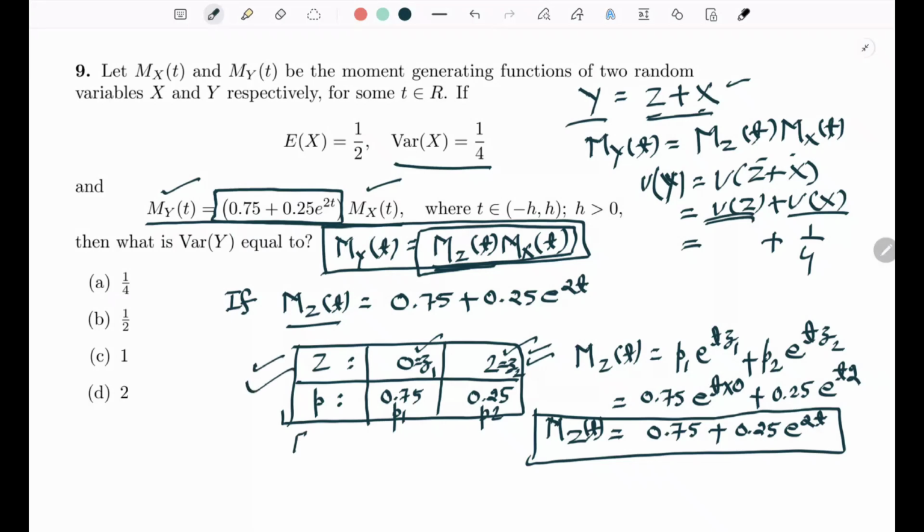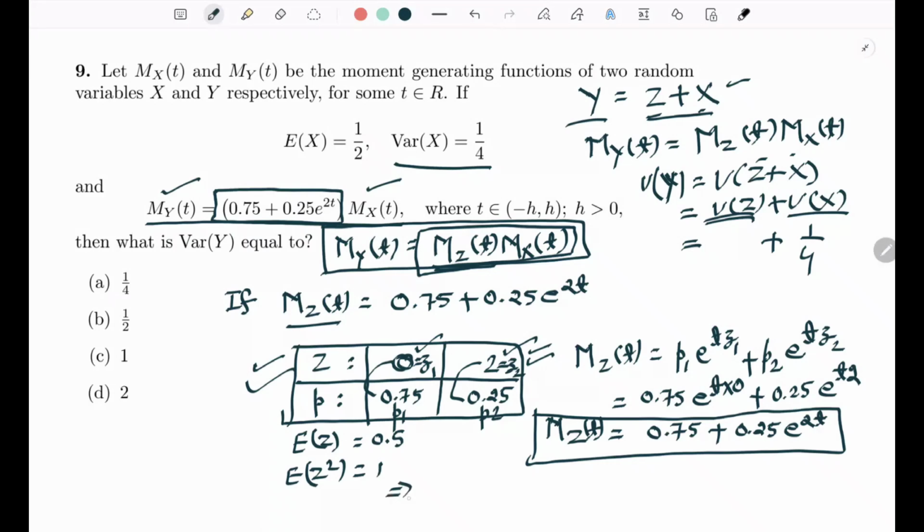How? The expected value of Z will be 0 into 0.75 plus 2 into 0.25. So the expected value will be 0.5. Now the expected value of Z square: 0 square into 0.75 plus 2 square into 0.25. That will be 4 into 0.25, which equals 1.